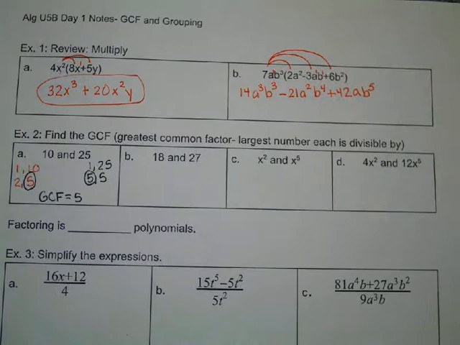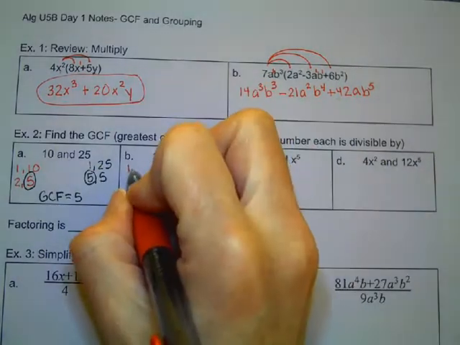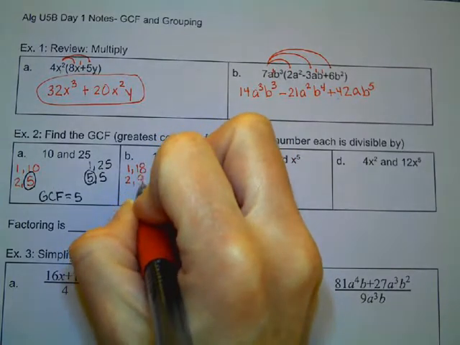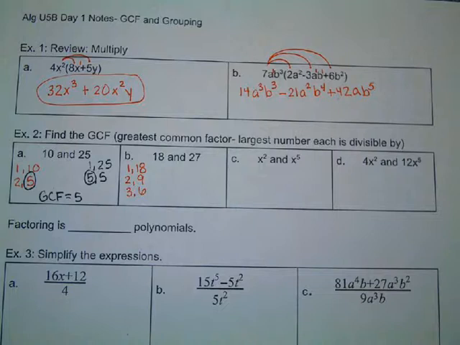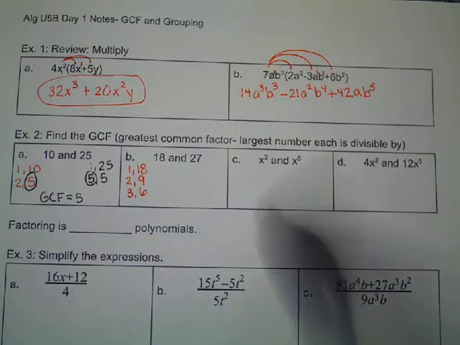So 18. Let's look at the list for 18. It's a lot. We have 1 times 18, so 1 and 18. 2 times 9. 3 times 6. 4 and 5 don't go into it. Okay, so let's look at our list of factors of 27. If you don't know what factors are, you just do 27 divided by 1. 27 divided by 2.